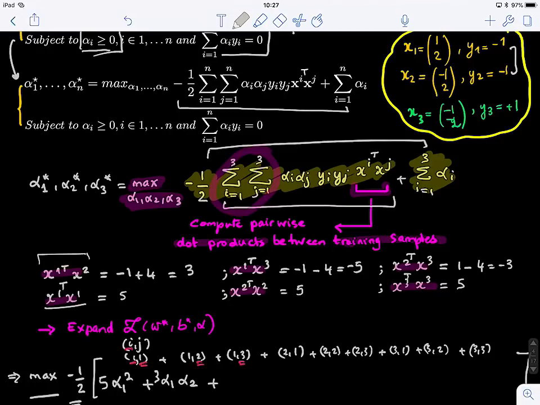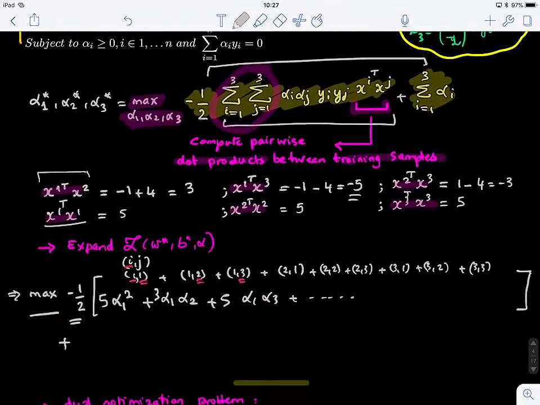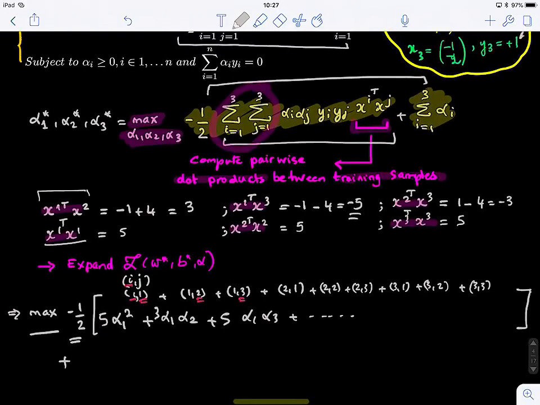And then the third term, we have alpha 1, alpha 3, and it's a negative number now because we're multiplying these two, so it's minus, right? And then we have x1 transpose x3, which is negative 5, so that would be plus 5, okay? So plus 5 alpha 1 alpha 3. You guys can keep expanding all the summation elements.